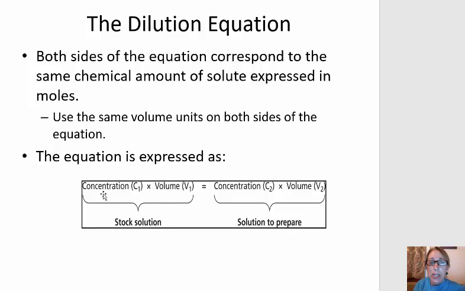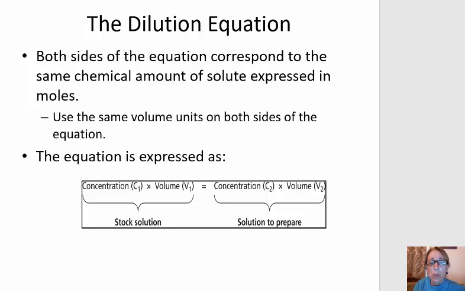So the equation is we take the concentration of the stock solution, C1, what we start with, multiplied by the volume of that stock solution, V1, add enough water to get a new volume, V2, of the diluted solution, and then the new concentration is C2.